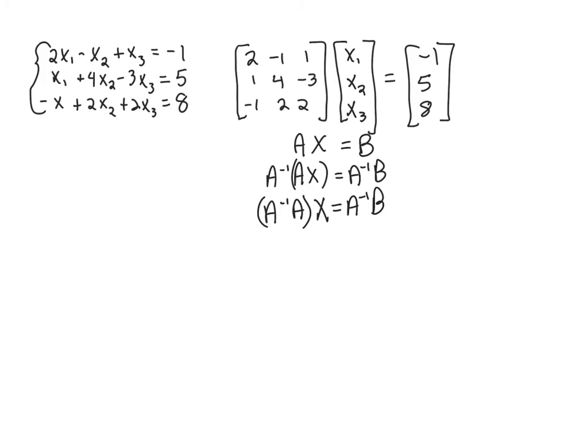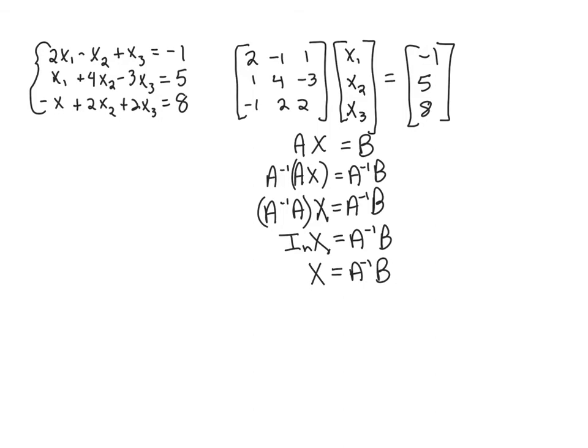And A inverse times A is the identity. And if you multiply the identity by the X column matrix, you just get X. A inverse times B, well, A is a 3 by 3, so A inverse is a 3 by 3.